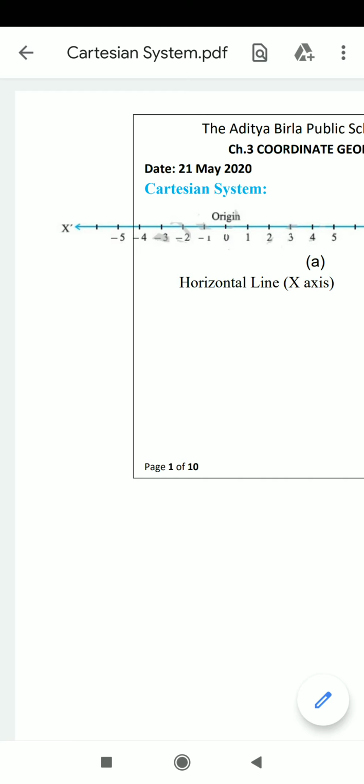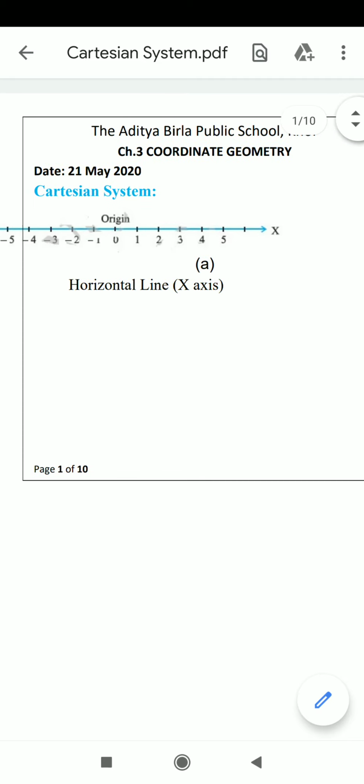In the center there is a 0, that is called the origin. On the right side all are positive numbers starting from 1, 2, 3, 4, 5, and on the left side negative numbers -1, -2, -3, -4, -5, etc. This horizontal line is known as the x-axis.